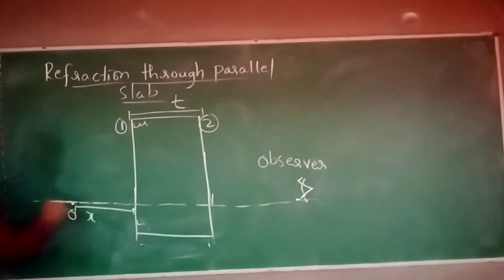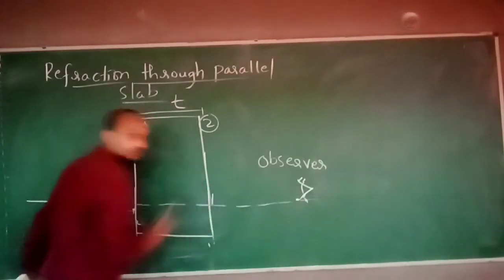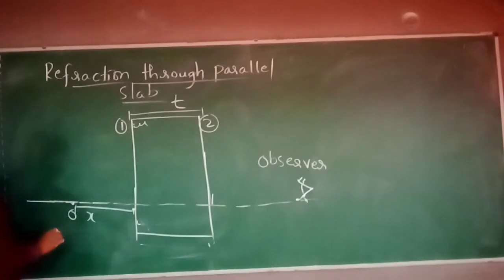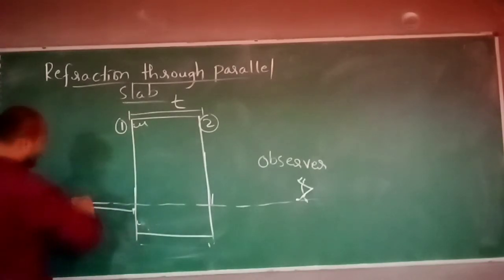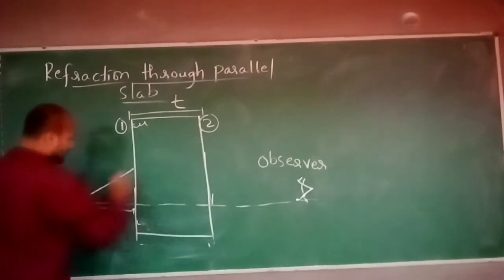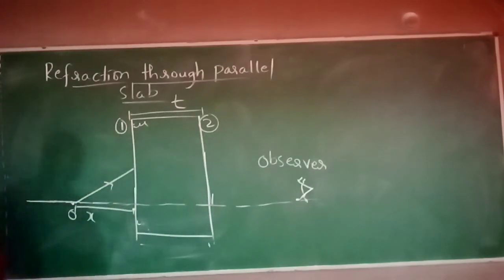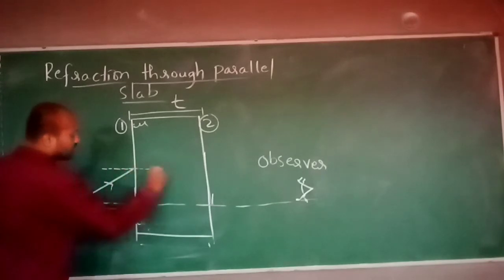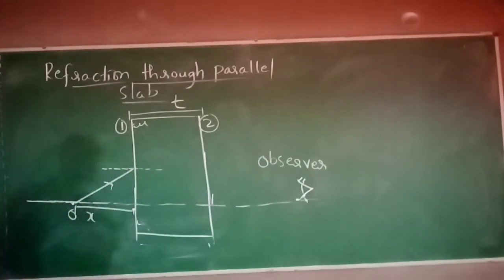See here, for that what I will consider is, the rays from this object have to reach the observer. So wherever the observer may be, let me consider one ray. Think that one ray is passing from the object like this. If I draw one normal line, what happens?